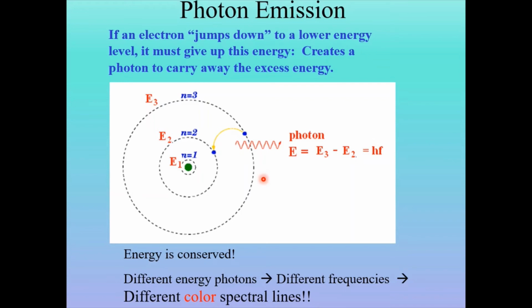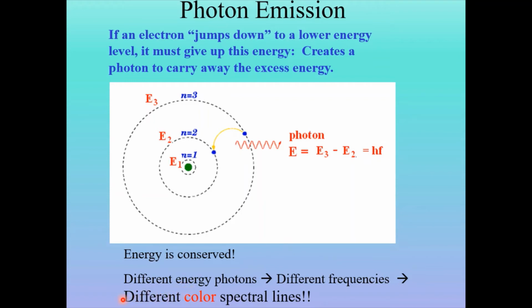And so again, this is an incredible revelation to learn how light is produced. It's produced by the transition of an electron inside an atom jumping down to a lower energy level. We actually produce light in this manner. Now, one thing about the different energy photons: depending on the step, that's going to determine the frequency of the photon, and the frequency of light determines the color of the light.